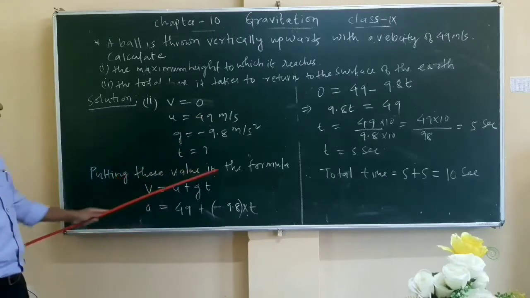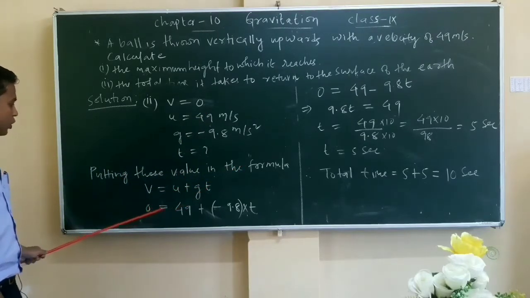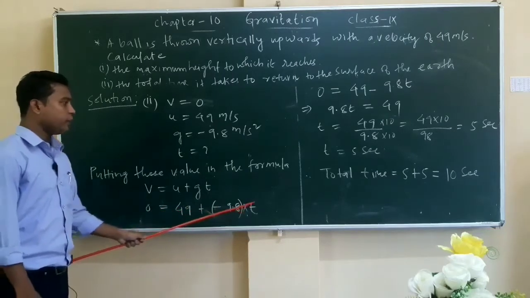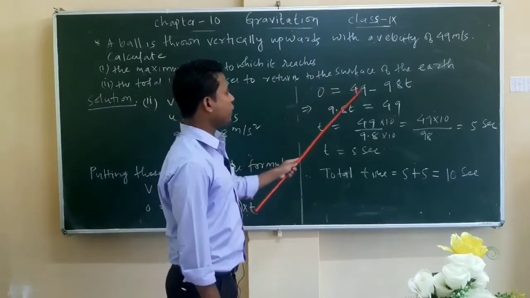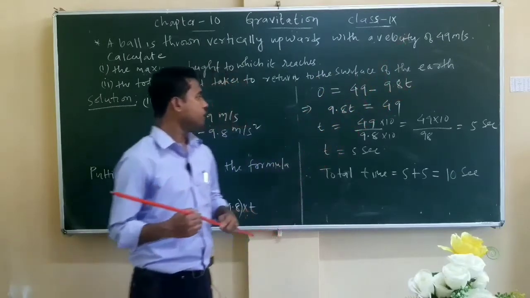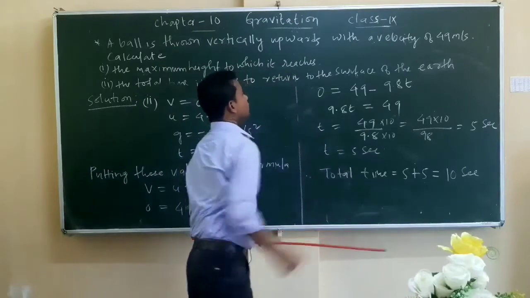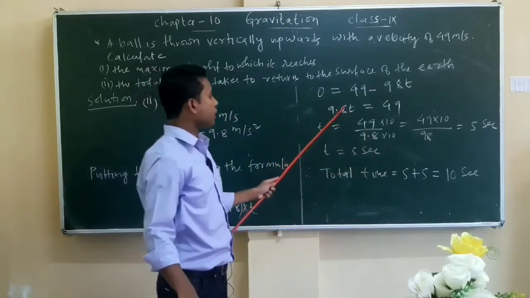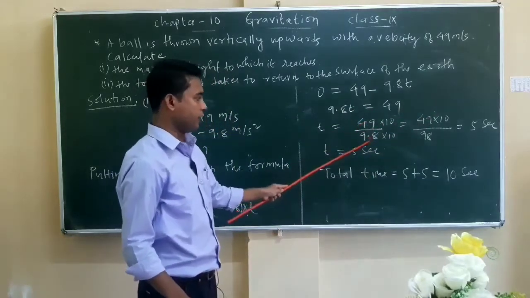So putting these values in the formula, v equal to u plus gt, 0 is equal to 49 plus minus 9.8 into t. So 0 is equal to 49 minus 9.8 t. So 9.8 t is equal to 49, and t is equal to 49 by 9.8.